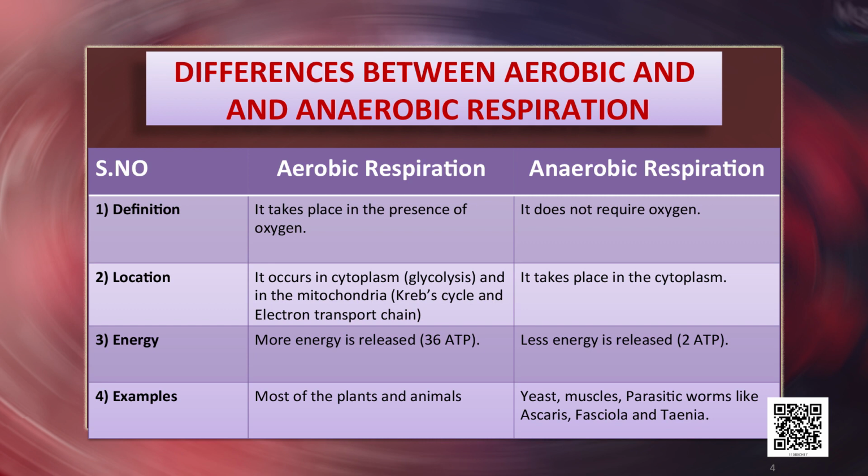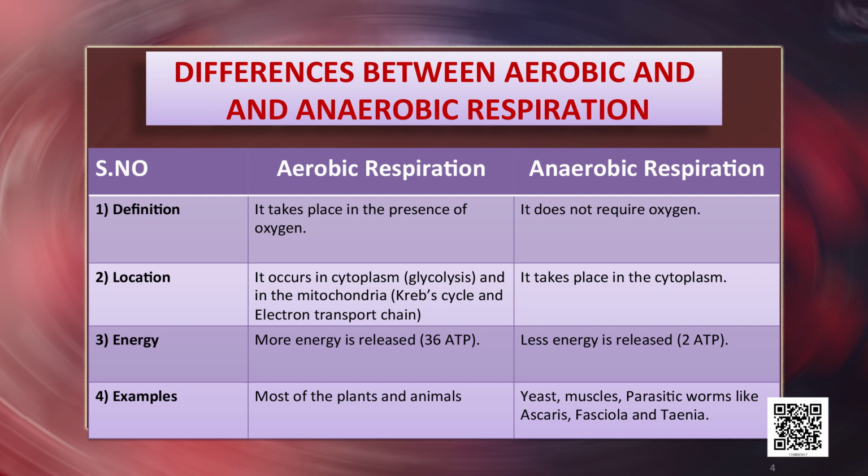Aerobic respiration takes place in the presence of oxygen, whereas in anaerobic respiration, oxygen is not required. Aerobic respiration occurs in the cytoplasm and mitochondria of the organisms, whereas anaerobic respiration takes place only in the cytoplasm.